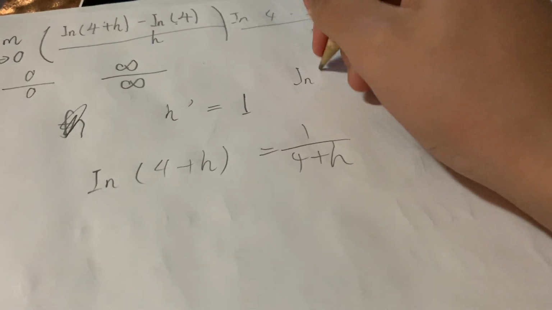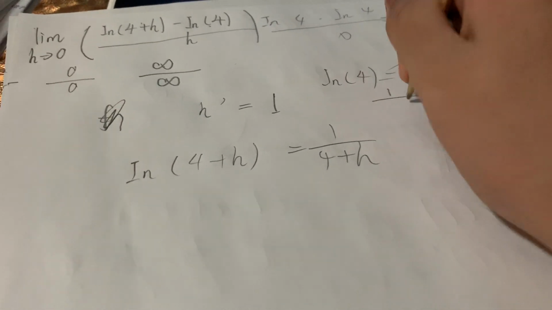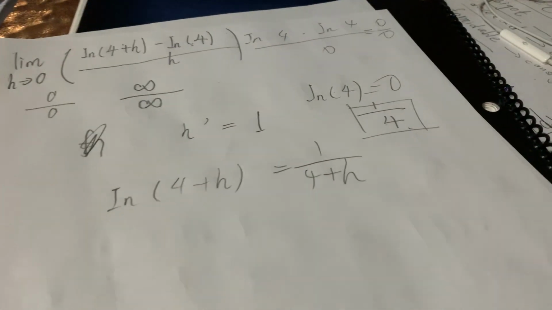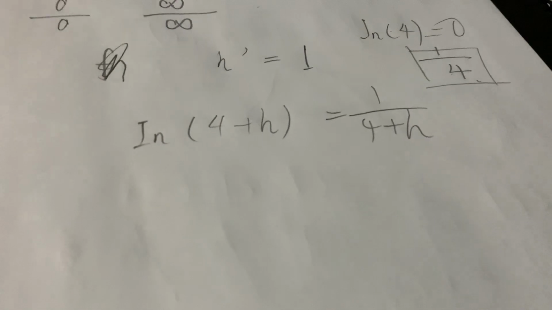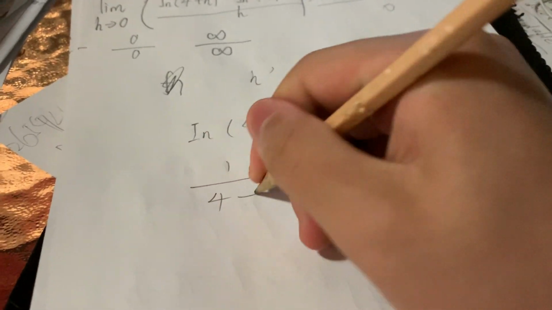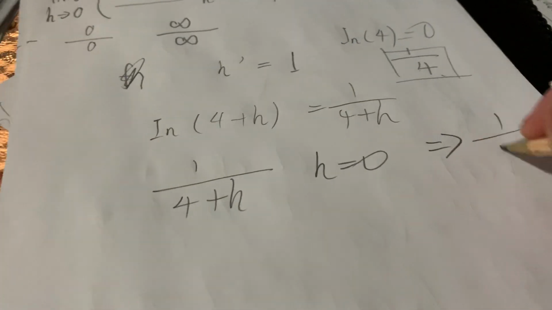And the derivative of ln 4 is 0. When I did the problem for the first time, I always thought the derivative of this is 1 over 4 and got a result of 0, but that is not correct. So 1 divided by 4 plus h, where h is equal to 0, is equal to 1 over 4, which is B in the problem.